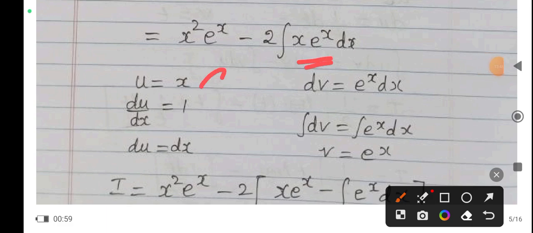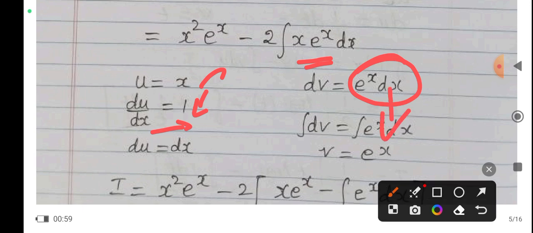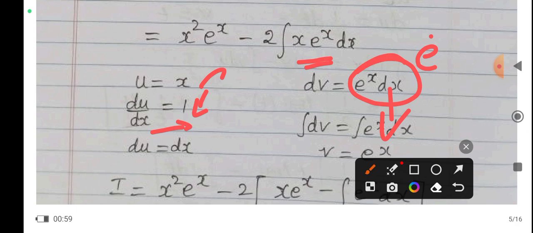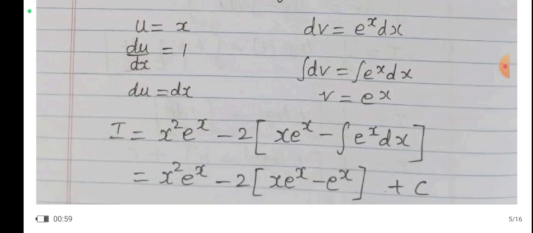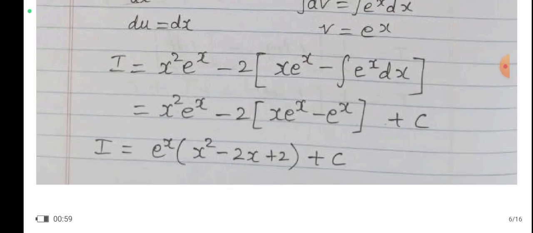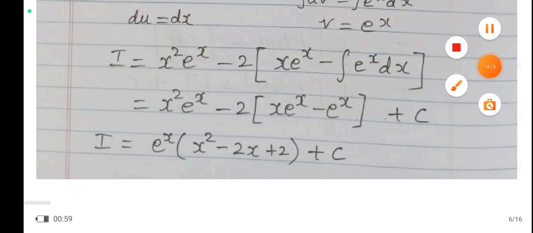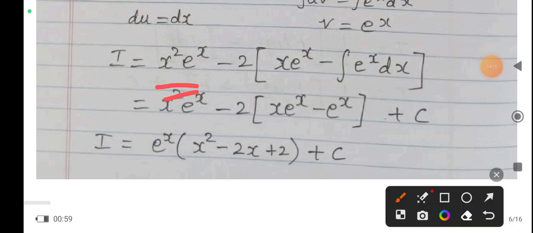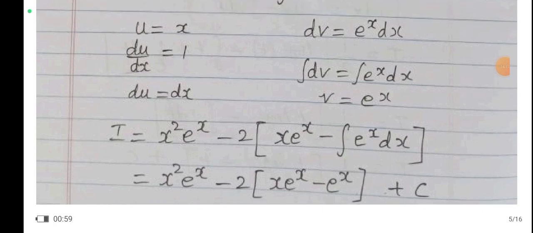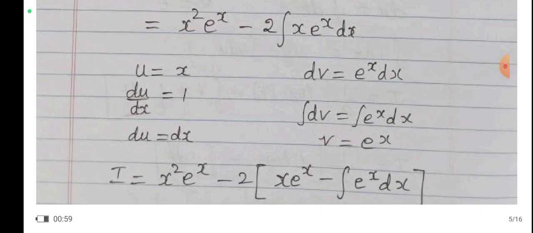u is x and dv is e power x dx. The differentiation of x is 1, so the division by dx goes, it becomes a multiplication. If you are integrating dv to get v, the good news is the integration of e power x is e power x. Even if e power minus x was there, it would change by a factor of minus 1 like that, but fortunately it's e power x only, so no change. So apply uv: x square e power x was already there, and minus 2 is default.